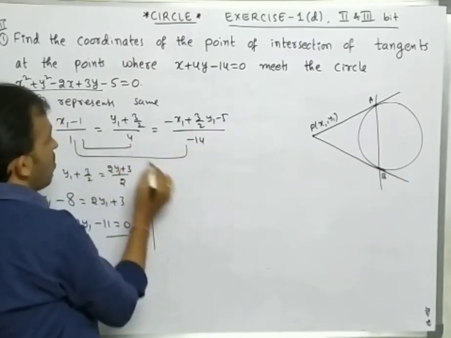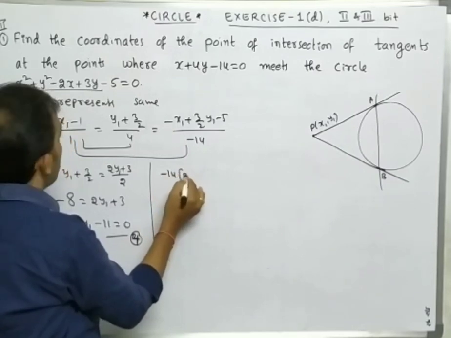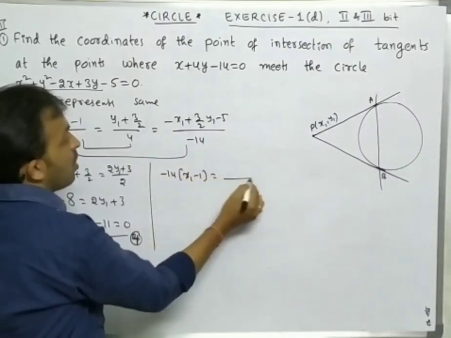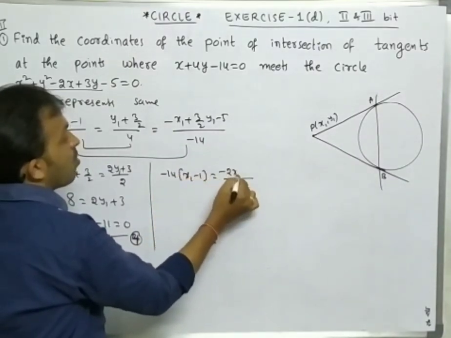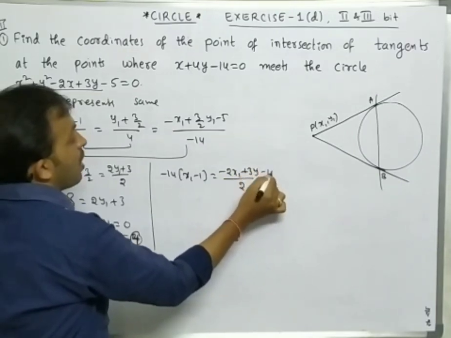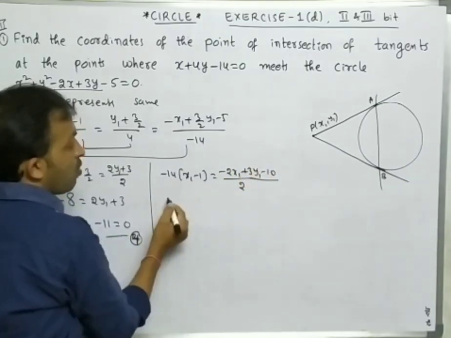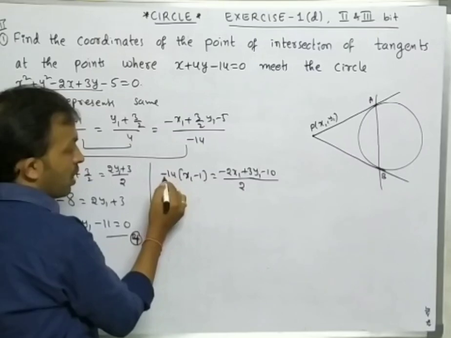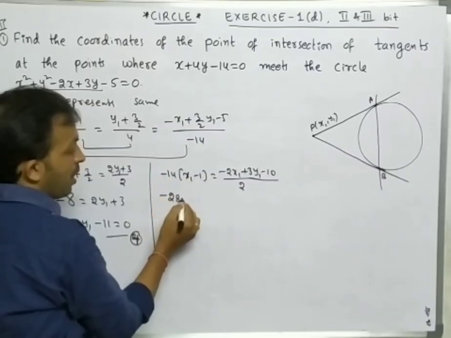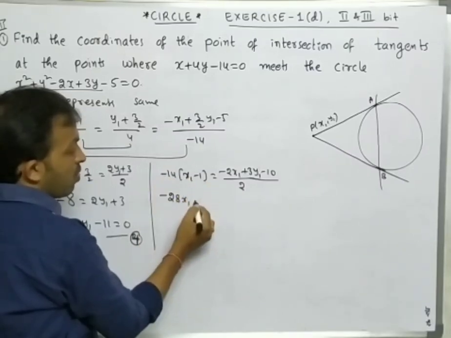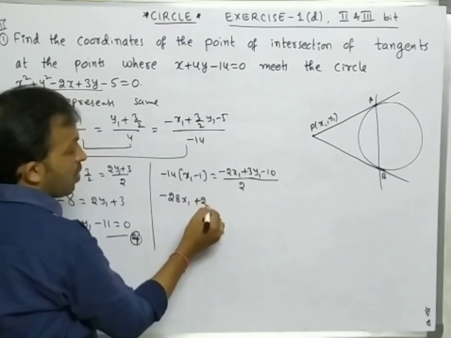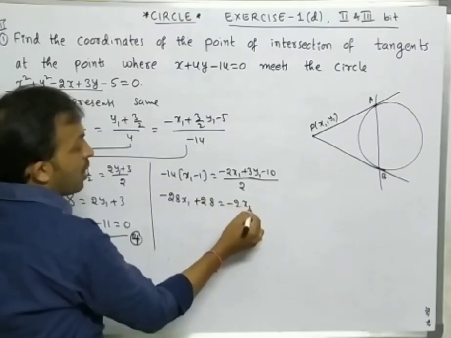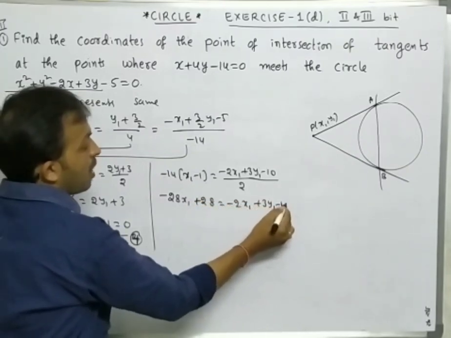Next, equate these two. So for that, bring minus 14 to the left side: minus 14 into (x1 - 1), with LCM 2, is (-2x1 + 3y1 - 10). So again bring 2 to the left side, it becomes minus 28 into (x1 - 1), that is -28x1 + 28, is equal to -2x1 + 3y1 - 10.